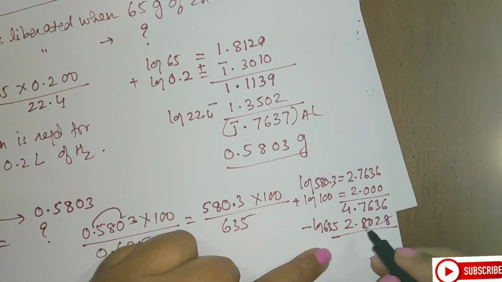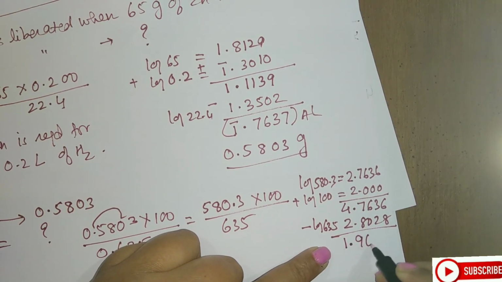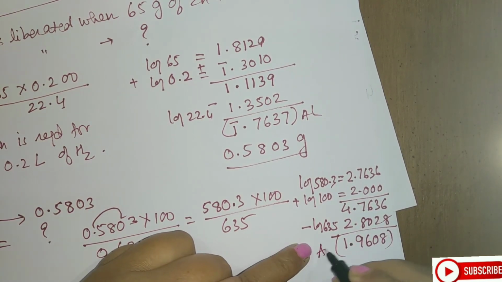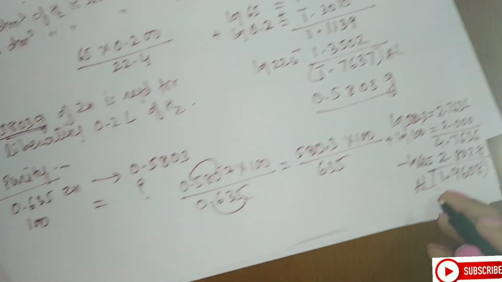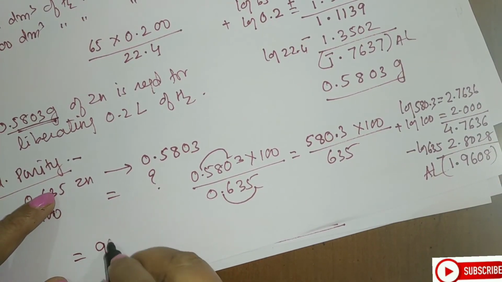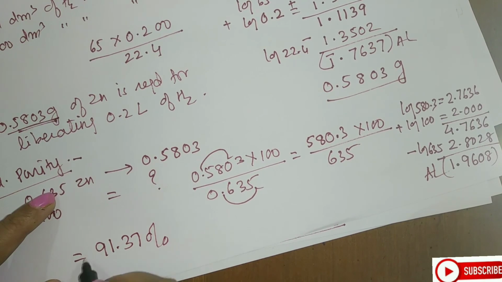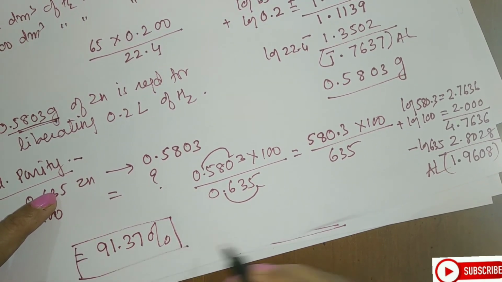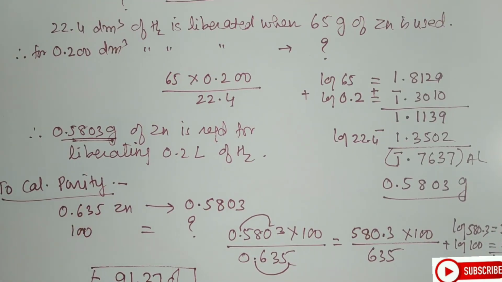So the difference will come to 1.9608. Go for the anti-log now. The anti-log answer will come to 91.37%. So this is the purity of the zinc used for the calculations.